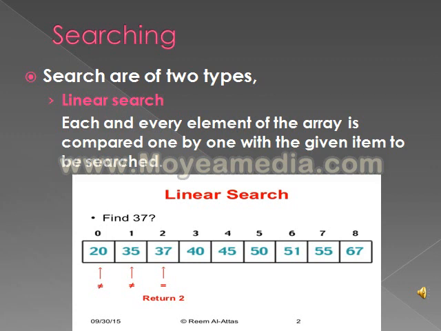The value at each index is compared with the number 37, and if it is equal, the search is found. If it is not equal, it will keep on incrementing the index and comparing the elements with 37, and if it is equal it will find the search.